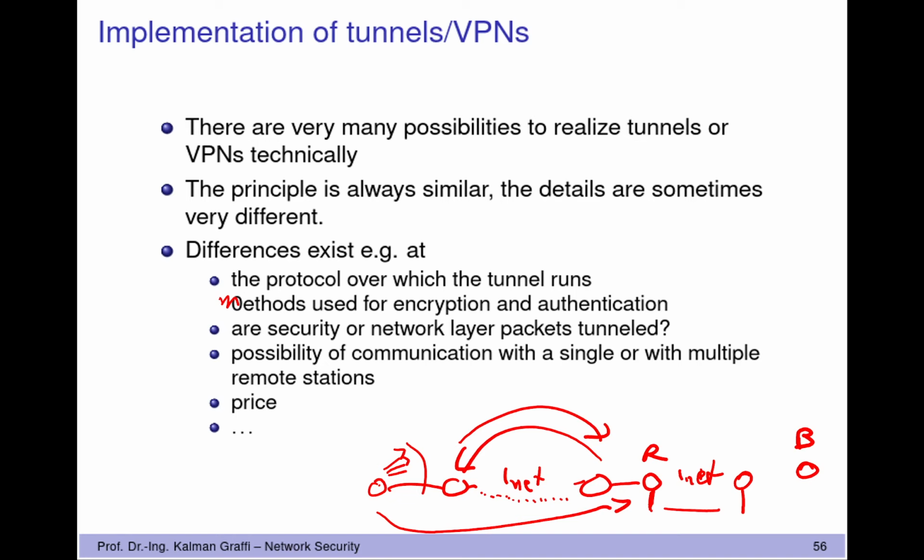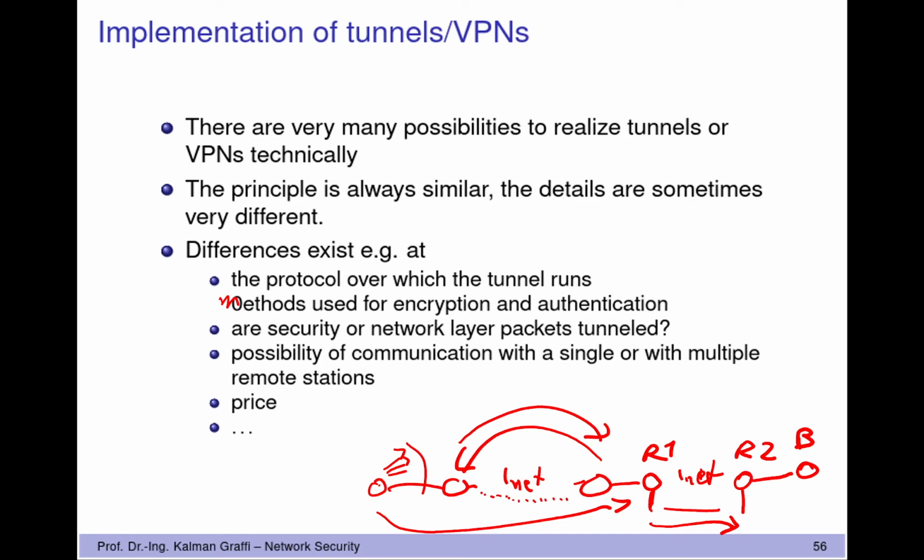This router then knows in its forwarding table that it has to send this message using the VPN encryption and everything to that other router, where it's then forwarded in the local branch.